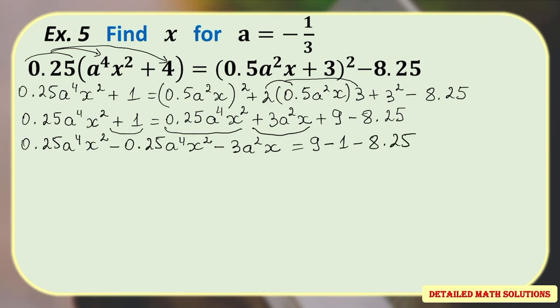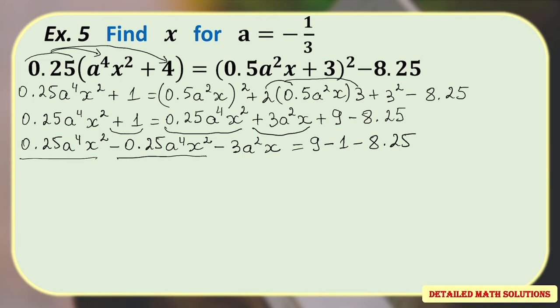Next, I need to add like terms that have the same literal parts. Now I have 0.25 a to the 4th x squared and negative 0.25 a to the 4th x squared. Now this is the same term with opposite sign.